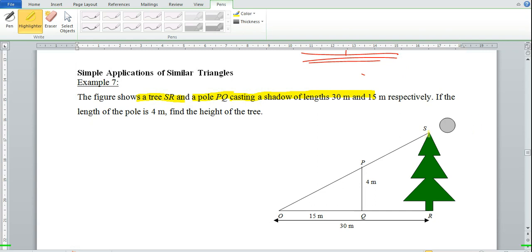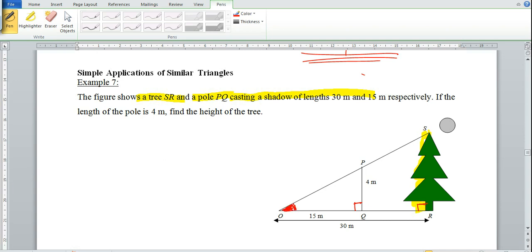So, using similar triangles, how can I find the height of this tree here? The assumption is that the pole is upright and the tree is standing upright, so you have a corresponding angle here, 90 degrees, and there is a common angle.